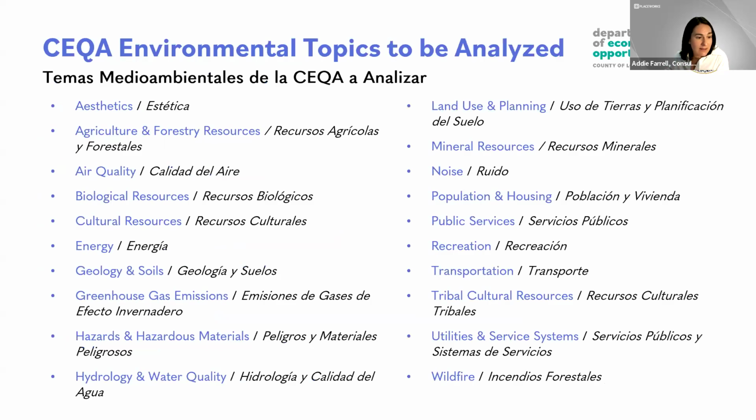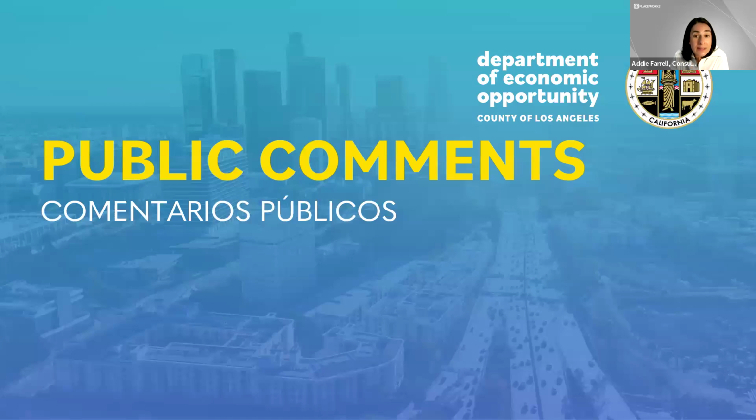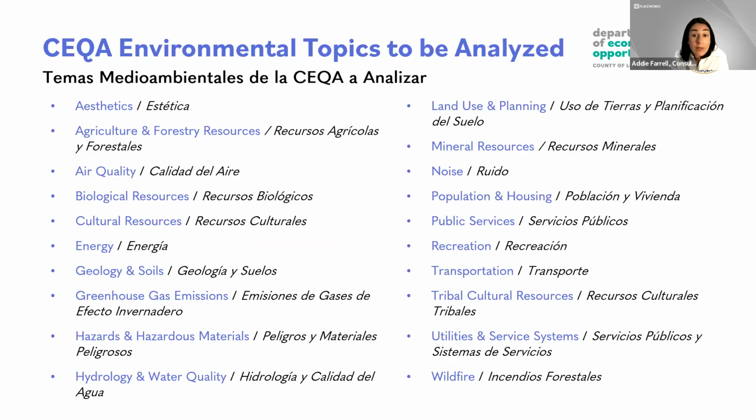Let's go on to the next slide. There are about 20 topics in the CEQA guidelines that we will be evaluating. They are all listed here. These are very similar to what was evaluated in the 2014 EIR. If you wanted to take a look at that, it ranges from air quality, noise, tribal cultural resources, historic resources, of course, transportation, so a full array of environmental issues.